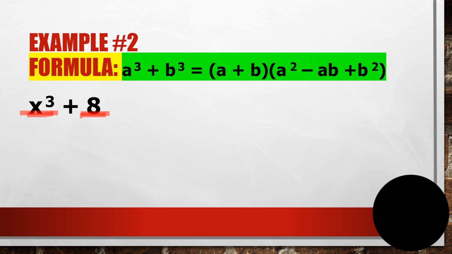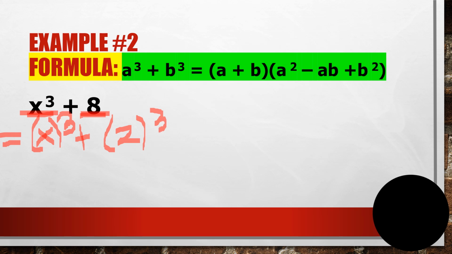Alright. Now let's rewrite this. Rewrite this into the sum of 2 cubes by finding its cube root. The cube root of x cubed, which is x, and then cube, plus the cube root of 8, we have 2, and then you close it, raised to power of 3.